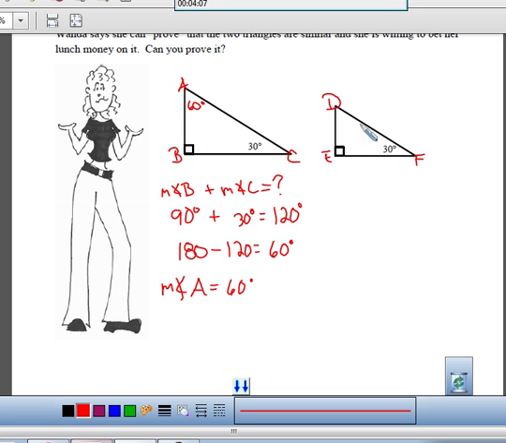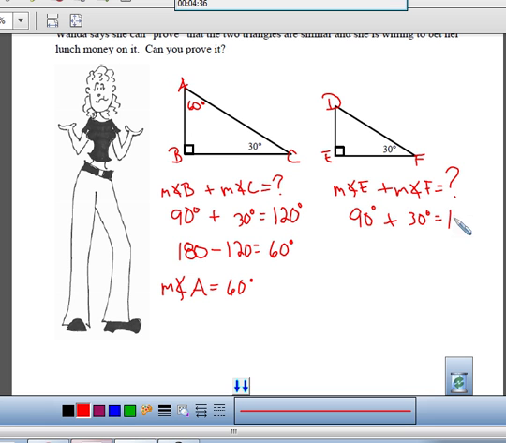Alright, now let's take a look at our other triangle. The two angles that I know are angle E and angle F, so the measure of angle E plus the measure of angle F is going to equal some number. So E is 90, just like over here. F is 30.